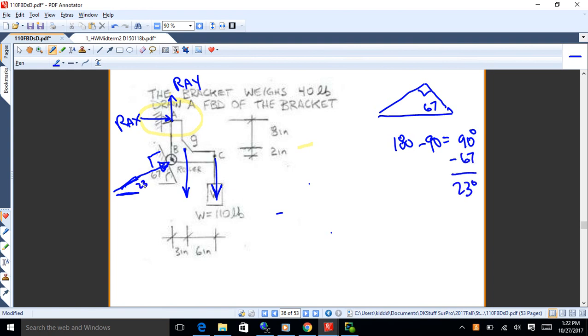So this angle right there is 23. So you take 90 minus the ramp angle, and that gets you the reaction angle. Okay, so 90 minus the ramp angle is the reaction angle.